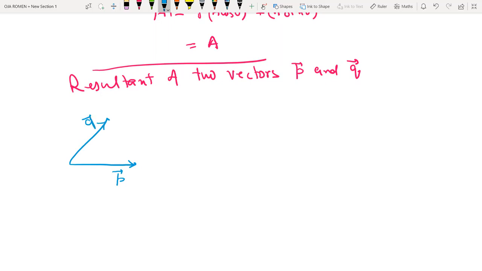The angle between them is theta. Now according to the parallelogram law of vectors, the resultant is represented by the diagonal.